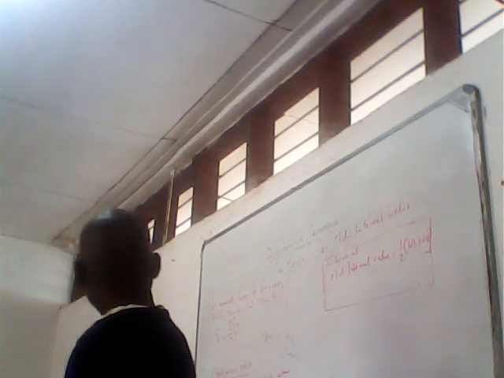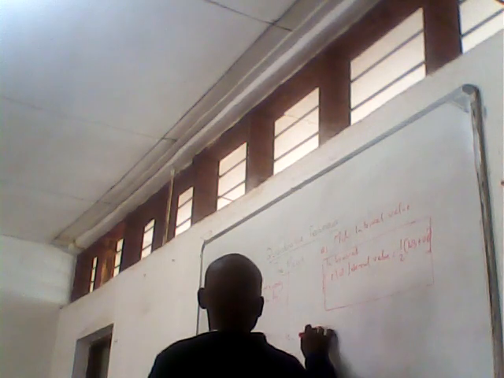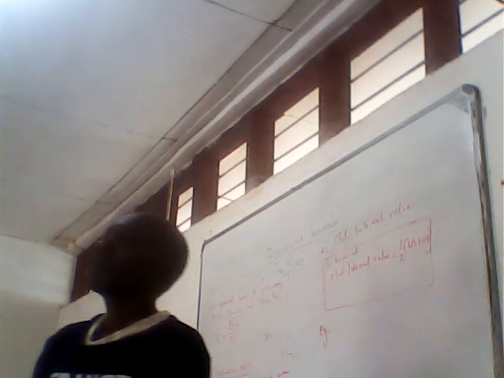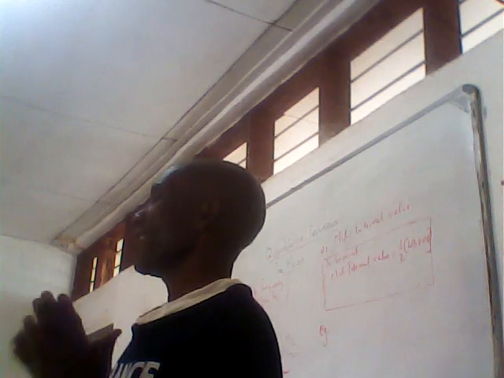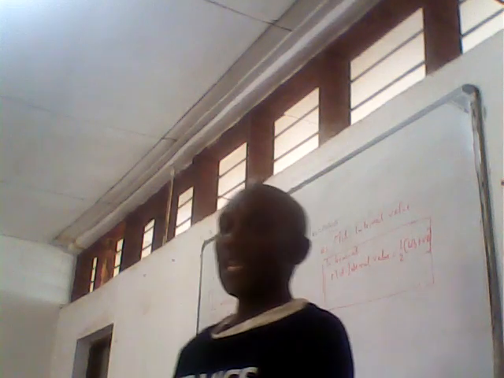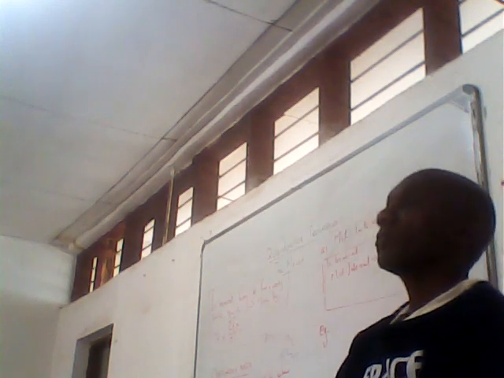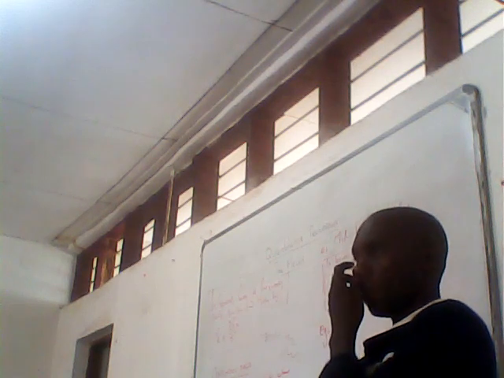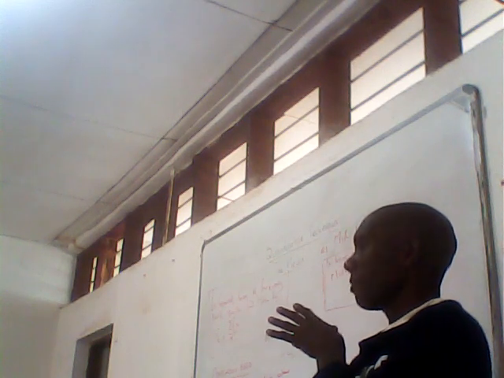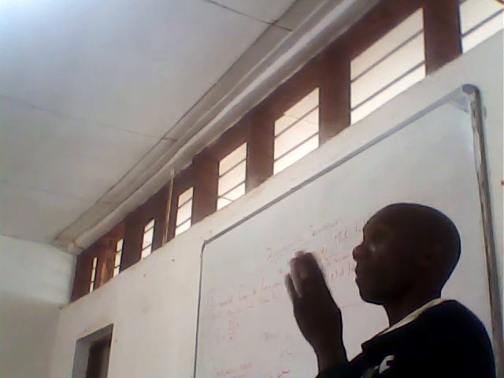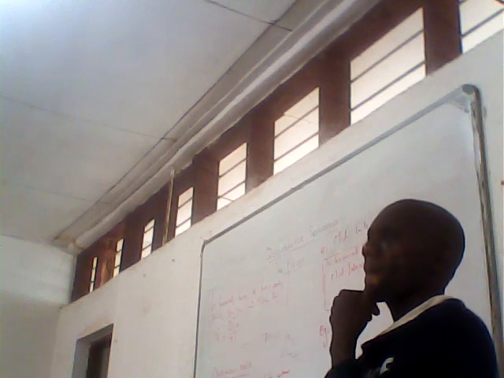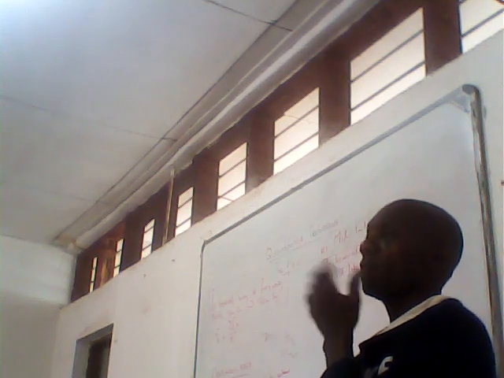Let's just give an example. What I'm trying to say here is that sometimes you can have grouped data which has the lower bound and the upper bound, and you are required to find the middle value.